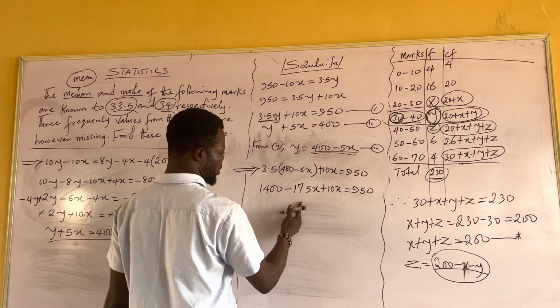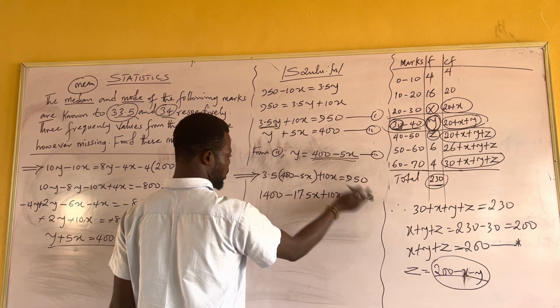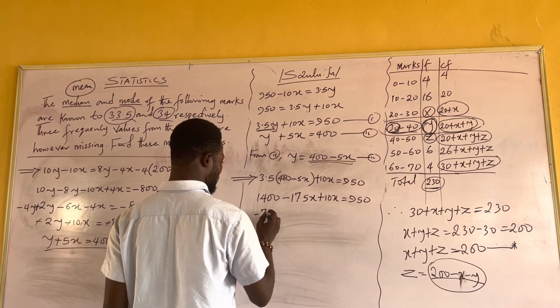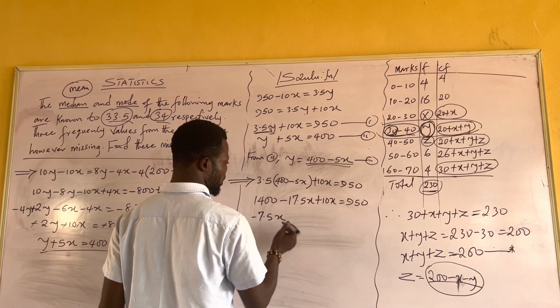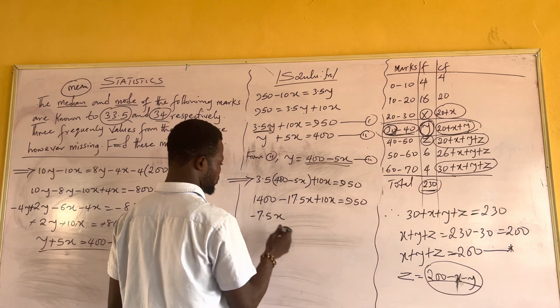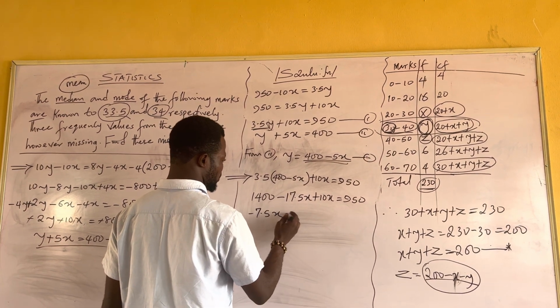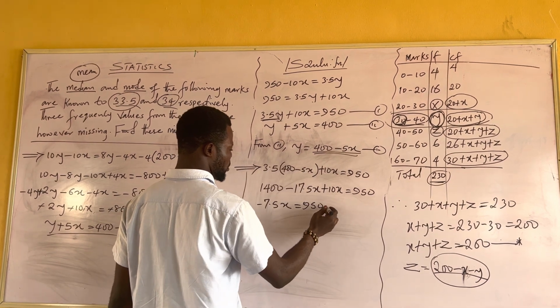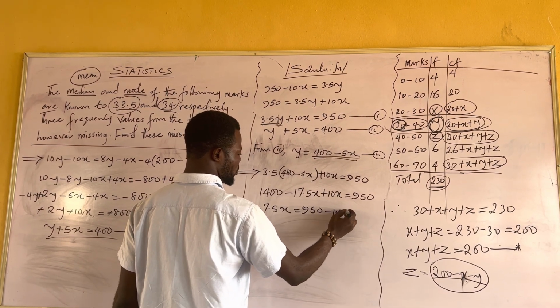So everything is now x, this and this, so this one can come here. So 10 minus 17.5 gives minus 7.5x equal to 950. So when this one comes here, it becomes minus 1400.